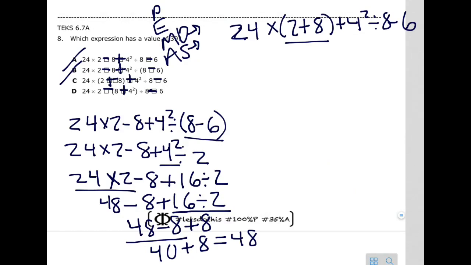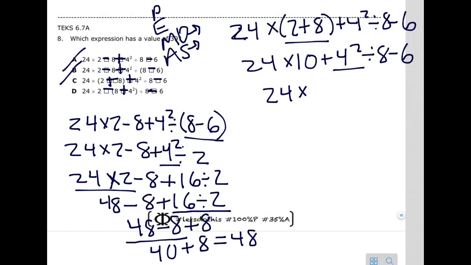First thing I do is parentheses. 2 plus 8 is 10, so 24 times 10 plus 4 squared divided by 8 minus 6. Next step, exponents. 4 squared is 4 times 4, which is 16.